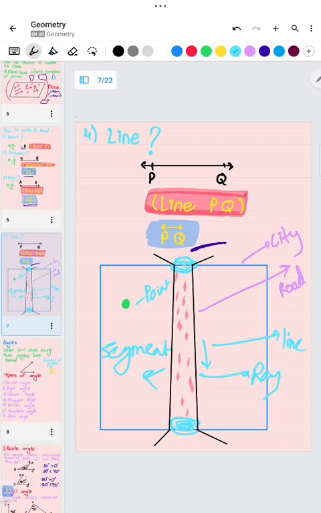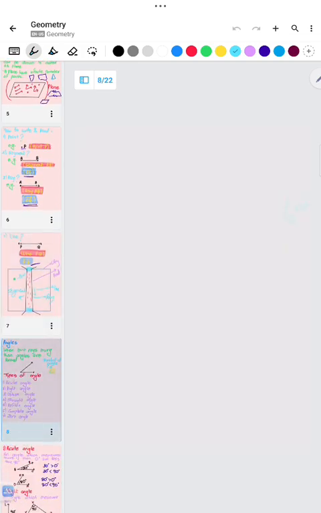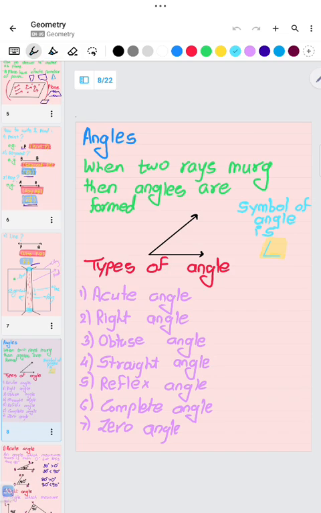Next, we will move to our next topic, angles. What are angles? When two rays merge, then angles are formed. Like this. This is the first ray and this is the second ray.